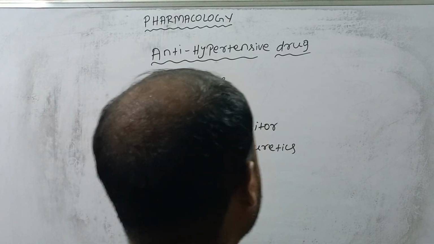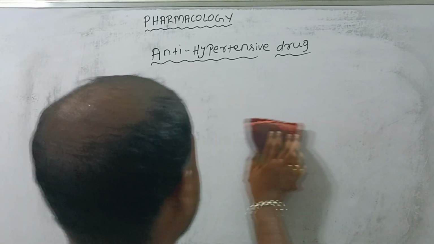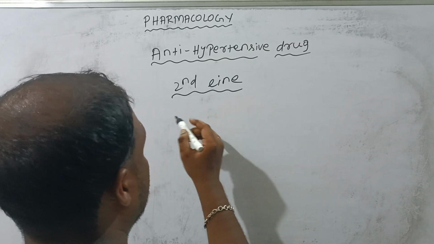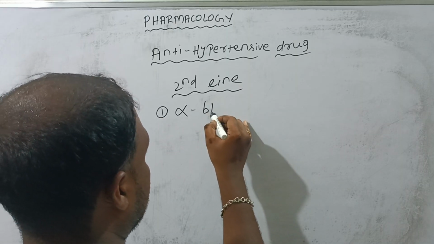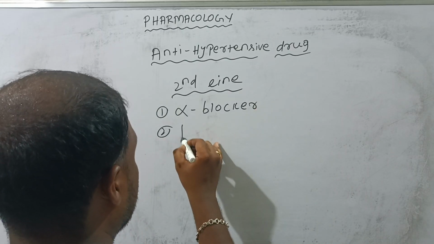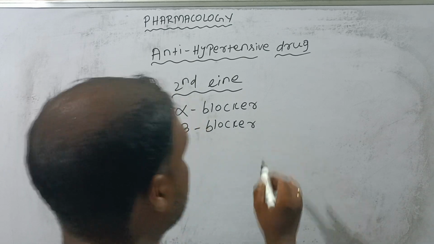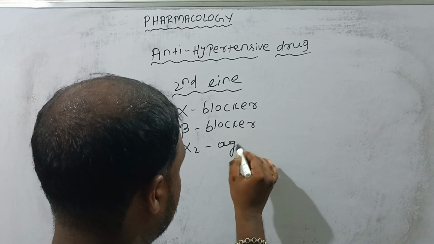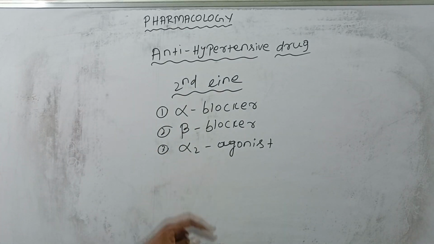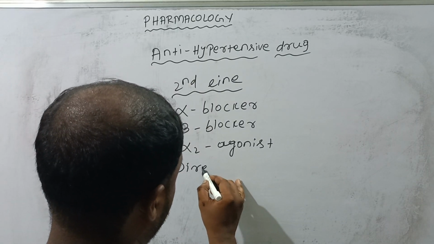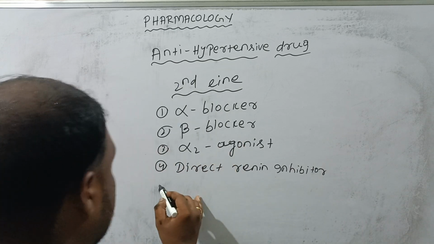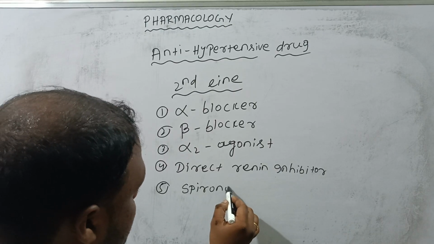Then the second line anti-hypertensive drugs are the alpha blocker, the beta blocker, the alpha 2 agonist, the direct renin inhibitor, and the fifth one is spironolactone.